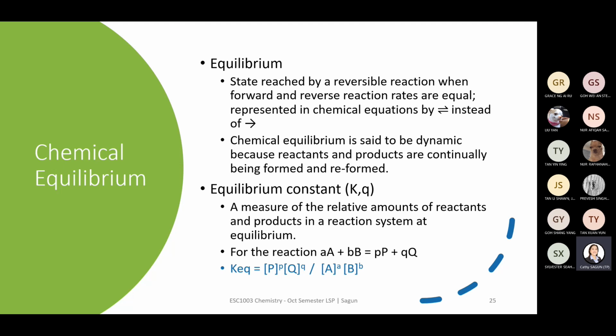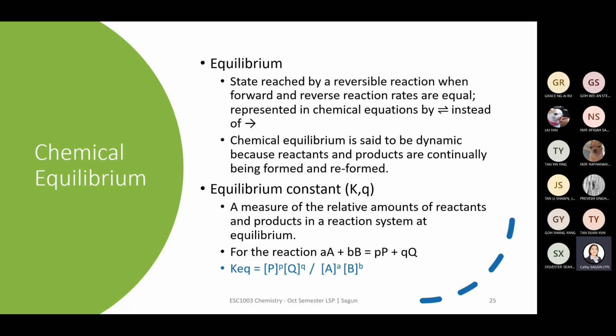So let's just say you are given aA + bB = pP + qQ, where lowercase a is the coefficient of compound A, lowercase b is the coefficient of compound B, lowercase p is the coefficient of compound P, and lowercase q is the coefficient of compound Q.